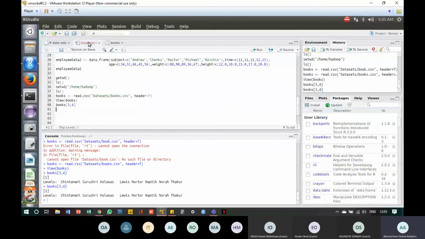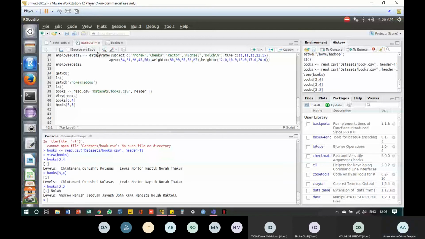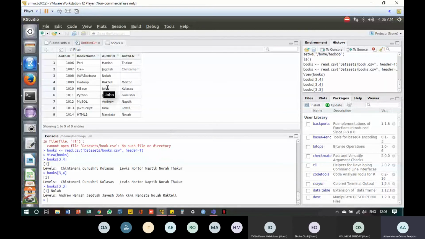NOLA. So let's go here. Row 3, comma 3. We have NOLA. It's showing us all the others available on this column, all the other levels, but it brought out row 3 versus column 3, which is NOLA.